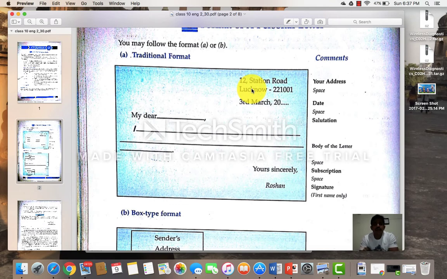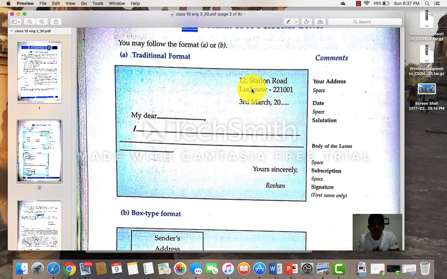The address should have a minimum of two lines. It should have the door number, the house number, the building name, the road, street, cross, and the city with the pin code.